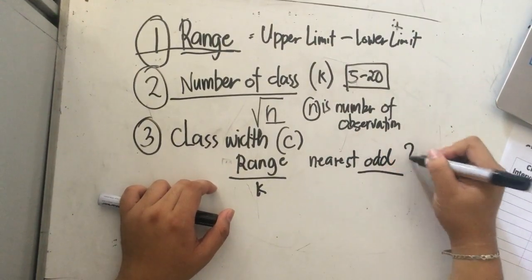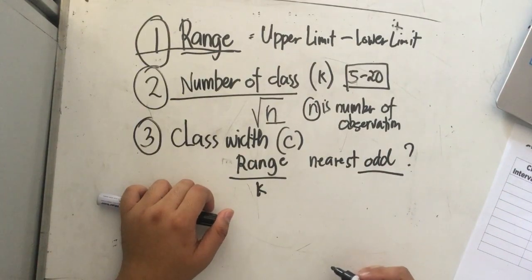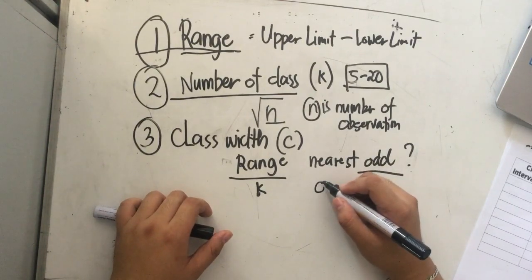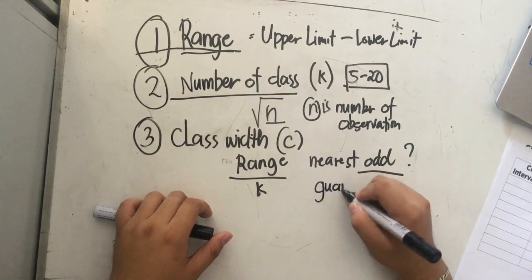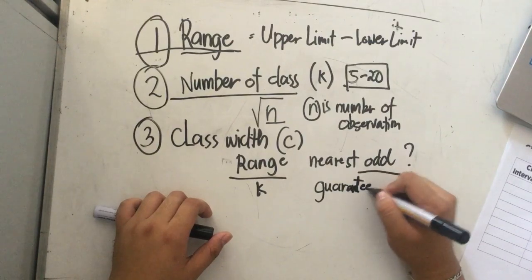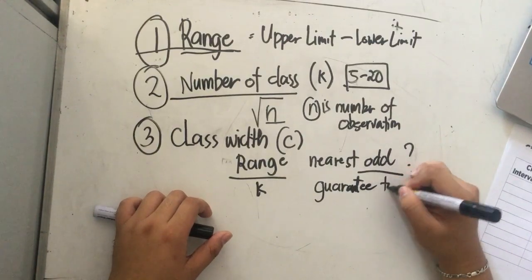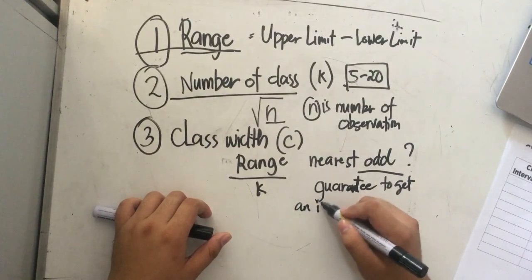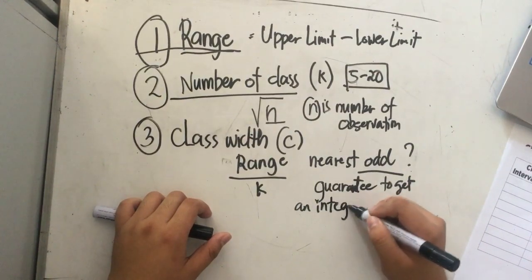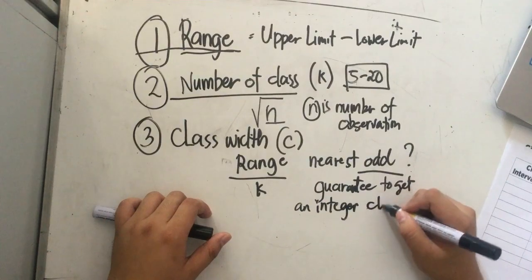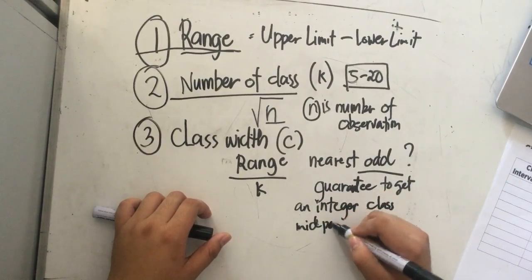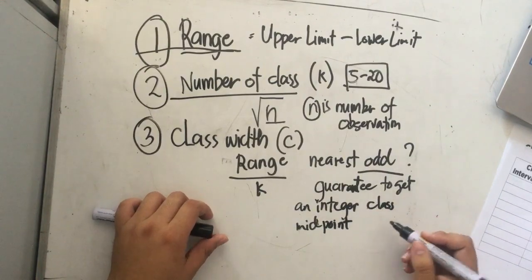So question, bakit odd yung ating kinukuha in our class width? It is for us to guarantee that we will be getting an integer class midpoint at hindi decimal.